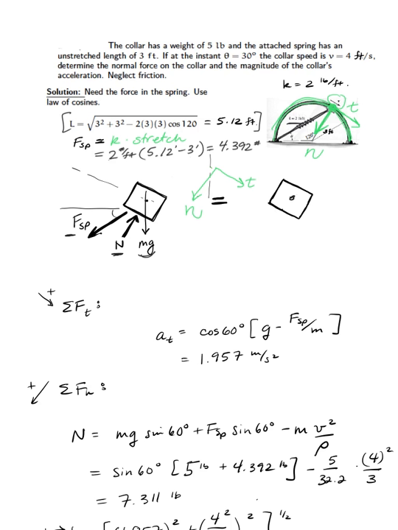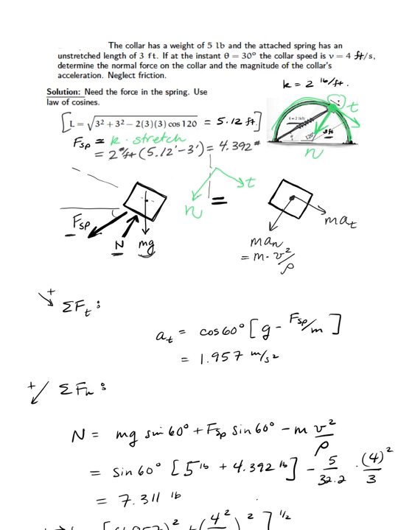Over on the other side, I've got a mass times a tangential acceleration, and I have a mass times a normal acceleration, which I know is going to end up being m v squared over rho. And we're told some more things about the radius of the circular path, which is 3 feet.